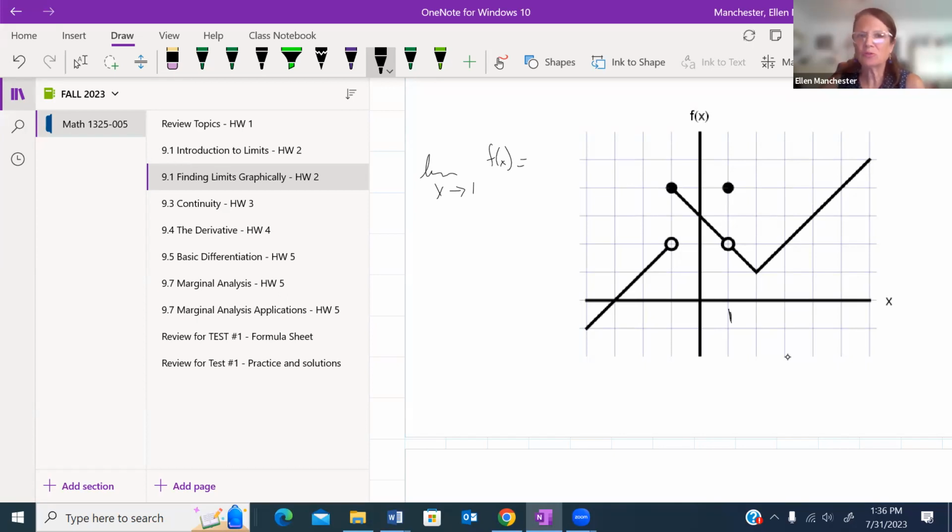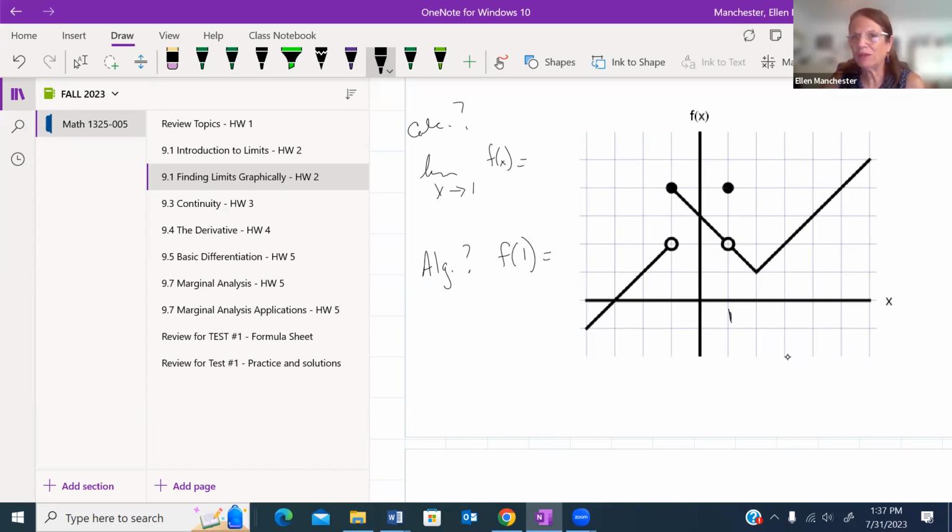That is the algebra question. So an algebra question says, what does it equal when x is 1? The calculus asks, what is it approaching when x is 1? What is the graph approaching? So the algebra question is going to look like this.